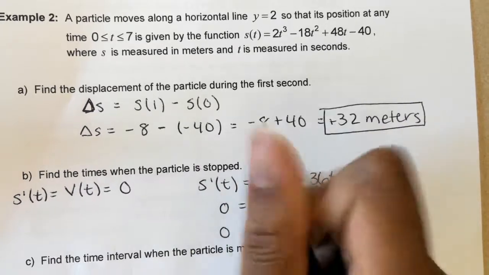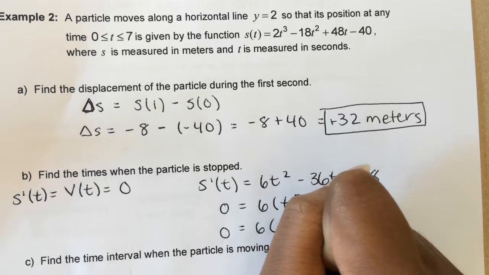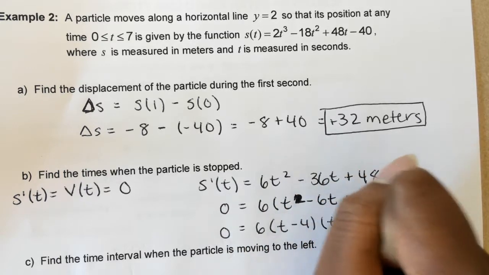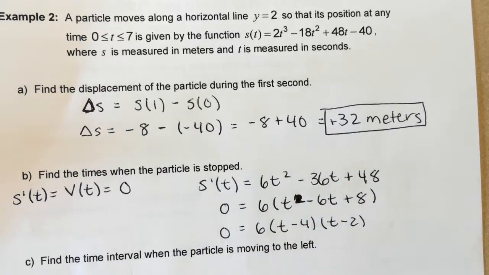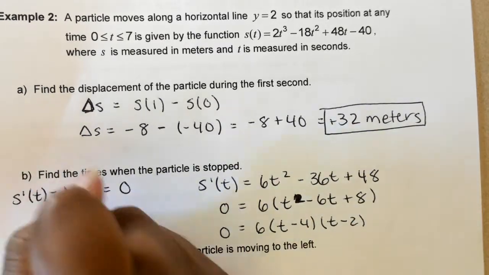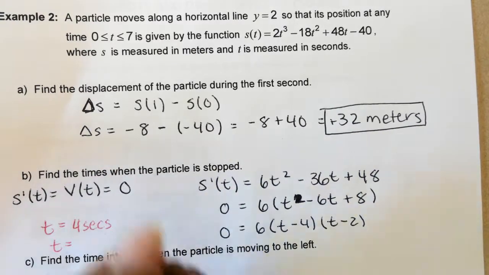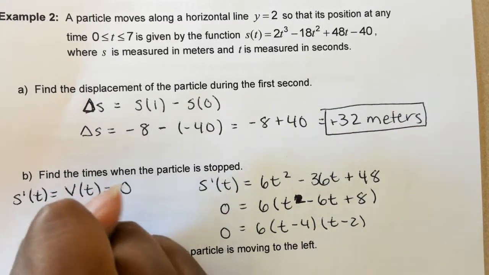So we get 0 is equal to 6 times t minus 4 times t minus 2. So from here, we know that the particle is stopped when t equals 4 seconds and when t equals 2 seconds.